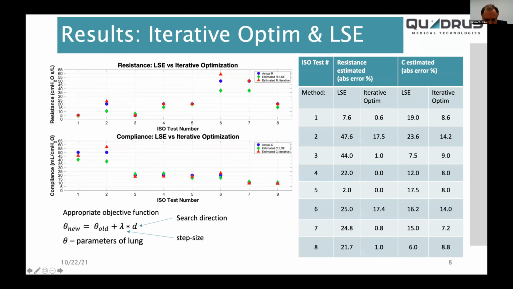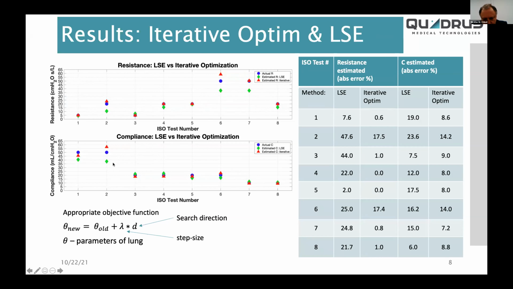The blue markers are the actual resistances that have been set on the lung emulator, the green markers are the estimated resistances due to least square estimation, and the red markers are the iterative estimation. And then again, the same follows on the compliance.